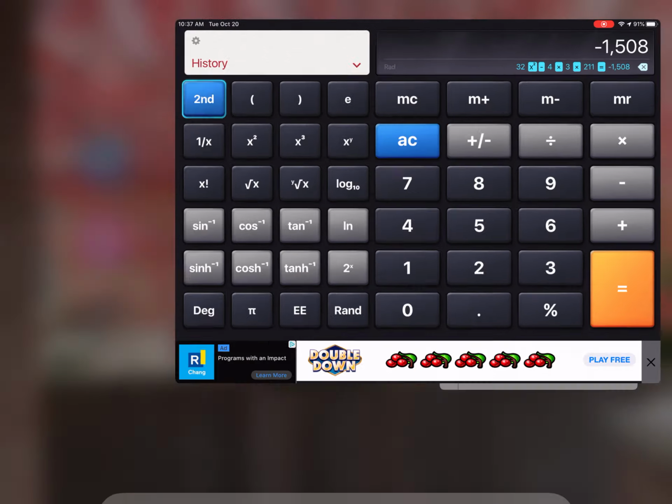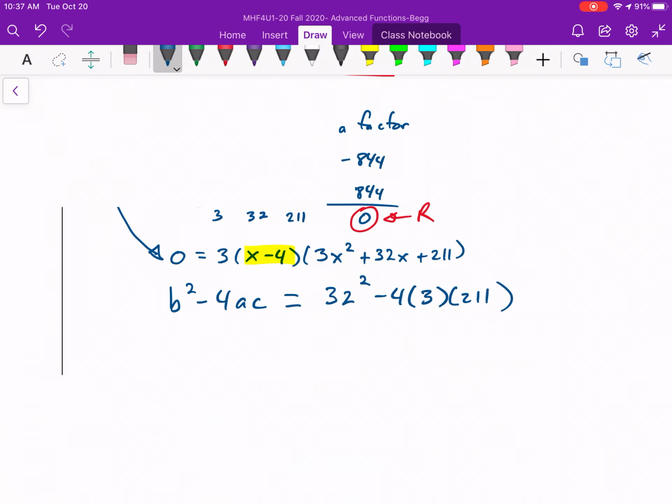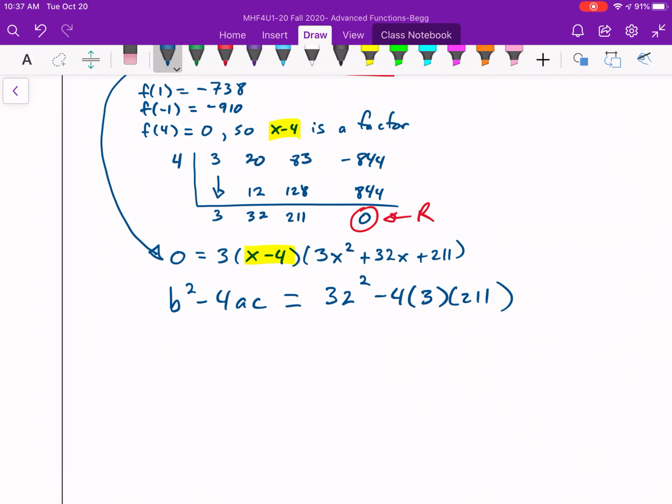Negative 1,508. Which tells me there's no solutions to this quadratic here. Right? There's no solutions to that quadratic, putting in those a, b, and c values.